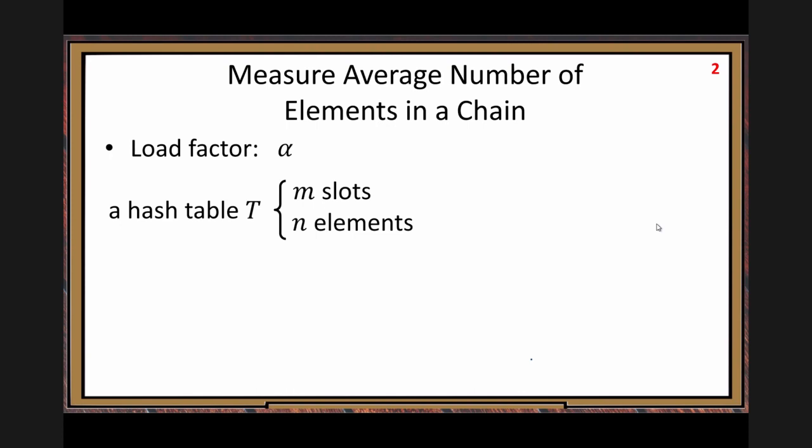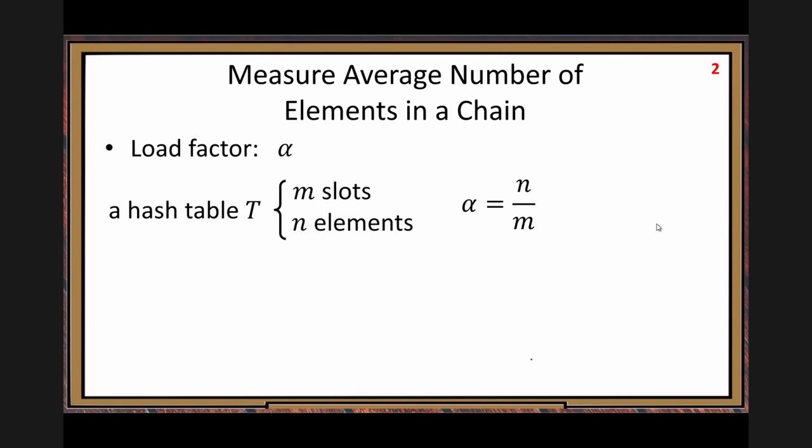So these two numbers, we can consider a ratio. Alpha equals n over m. That concept we call the load factor of this hash table.